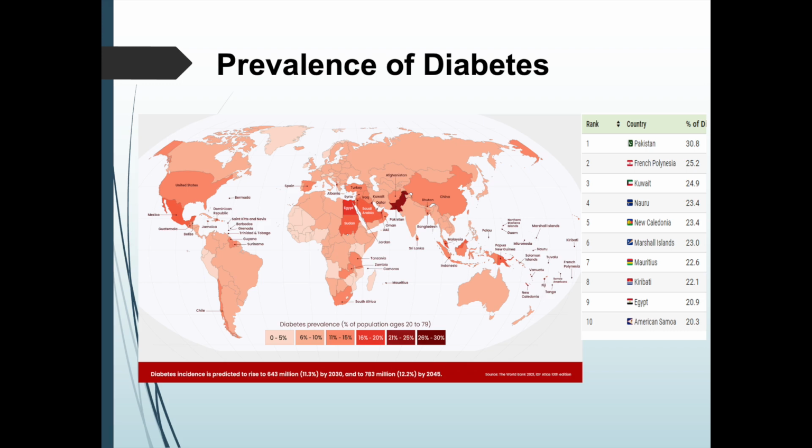America has 11 to 15% prevalence, and it is estimated that about 11.3% will be reached by 2030, and 12.2% by 2045. But the surprising thing, as I said, is Pakistan and other Asian countries where it is high. I want to show in the next slide why it is so high there.